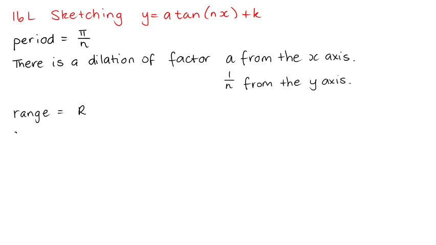The asymptotes. Right, tan lines have asymptotes where the line approaches but never crosses or touches.